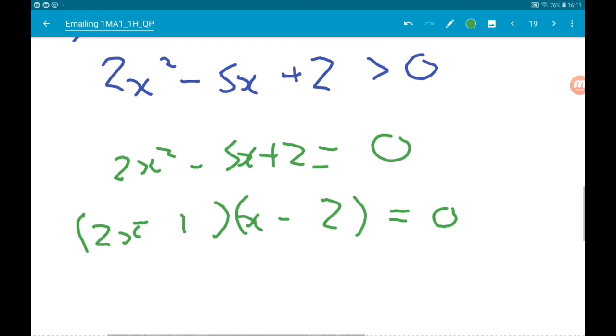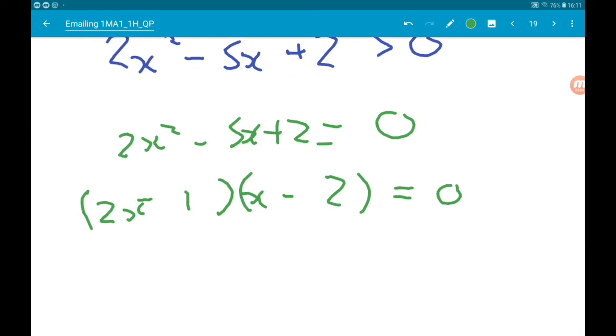So, when you solve quadratics, you then set whatever is inside the brackets equal to 0 and solve for x. So, if 2x minus 1 is equal to 0, add the 1, 2x is 1, divide by 2, x is 1/2. Or if x minus 2 is equal to 0, x is equal to 2.